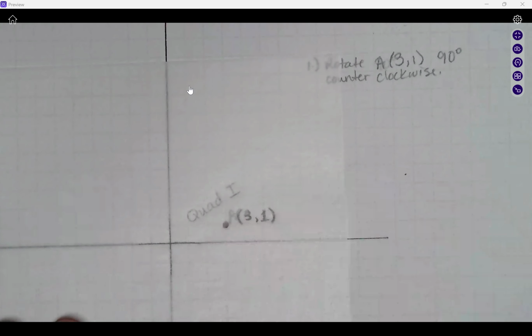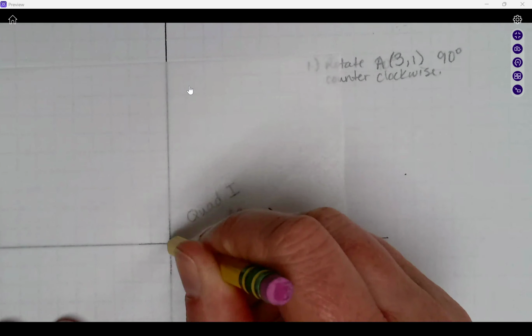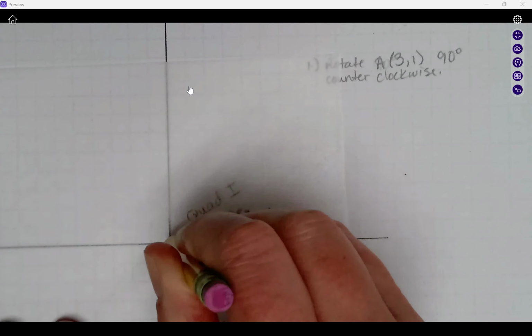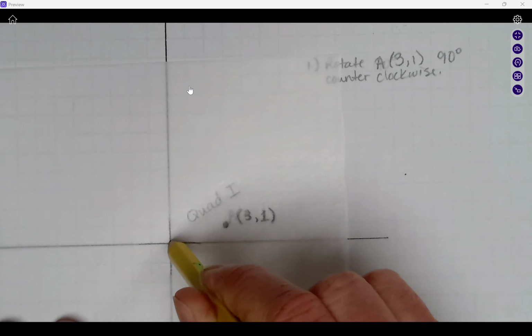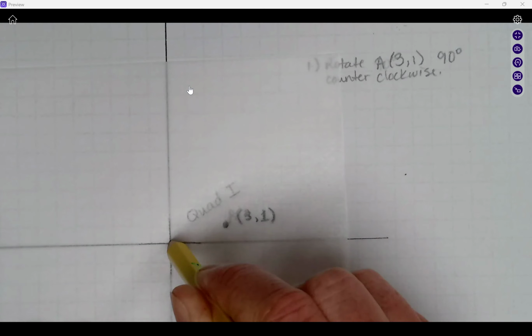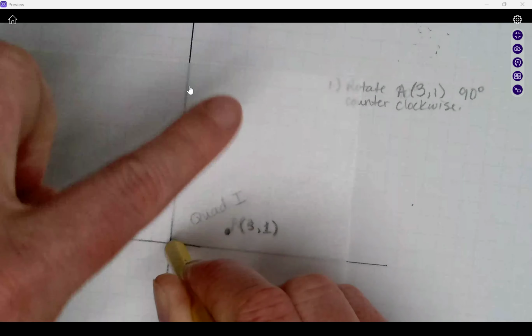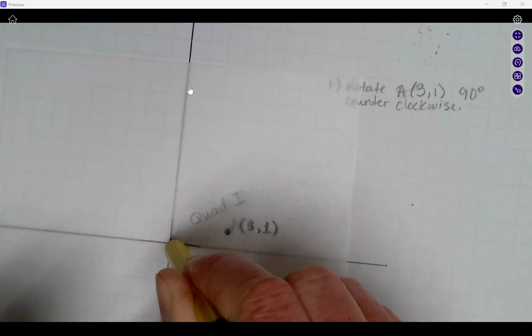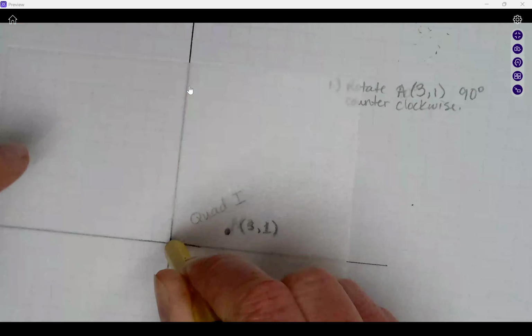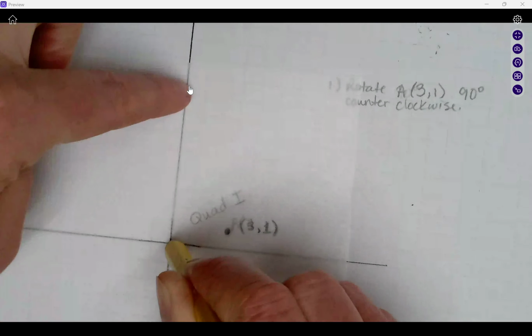Okay, I've placed my patty paper back over my drawing. I'm going to use the pointy part of my pencil lead as a pressure point for the origin because I need to rotate this 90 degrees counterclockwise. We know that one full revolution would be 360 degrees, half of a revolution would be 180 degrees, and a fourth of a revolution would be 90 degrees.